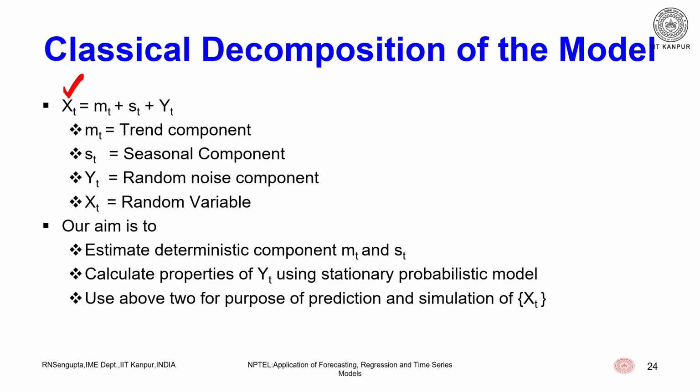The other component is the seasonal component, which as usual is denoted by S with the corresponding suffix, and the random noise we generally denote by epsilon. In the case of very simple linear regression or in forecasting, we have considered that it is normal with 0 mean and some standard deviation.